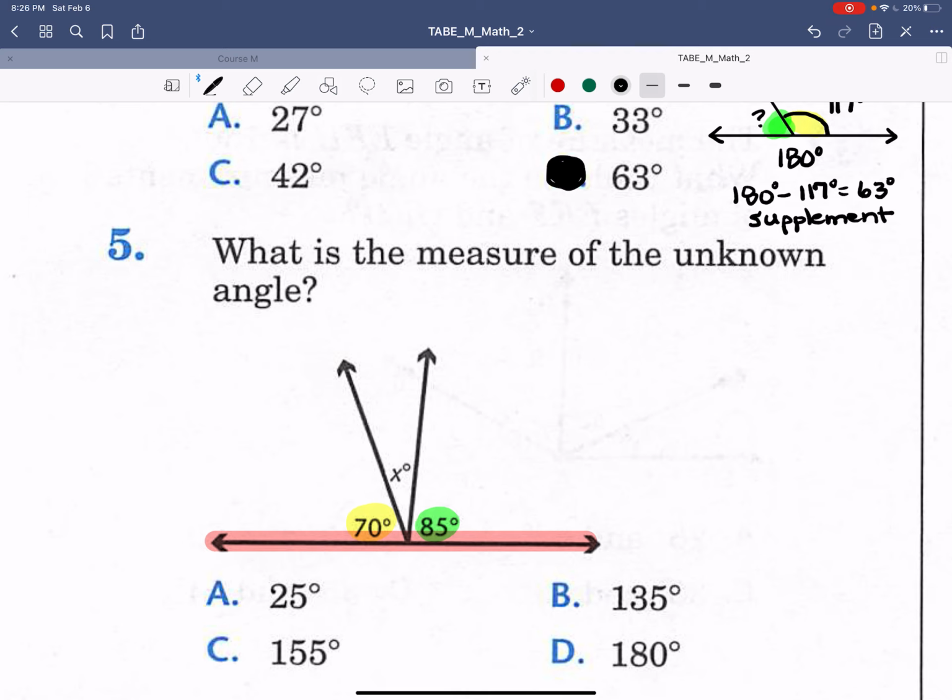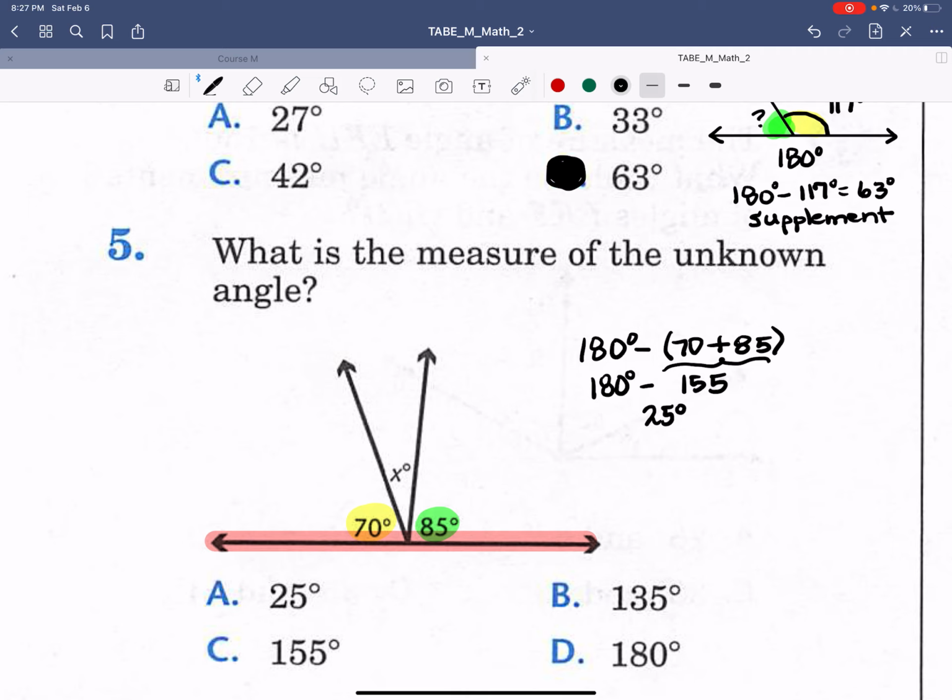So what we need to do is take the straight angle minus 70 and 85. So we're going to put those together and then subtract that from 180. Parentheses first. Put the 2 together that you know, and then subtract from 180. And it's a tiny little angle. I would not expect it to be.